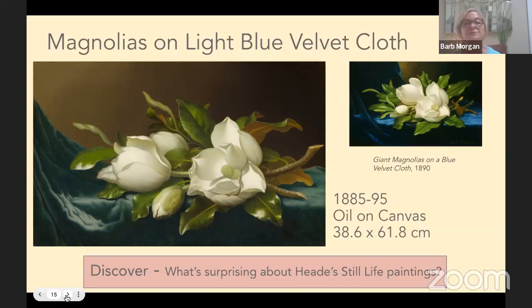And the background is darker, it's brownish, and this time the light, as opposed to what Heade often put on the right, is the opposite here. We see the light coming from the left and really shining on the magnolias themselves.